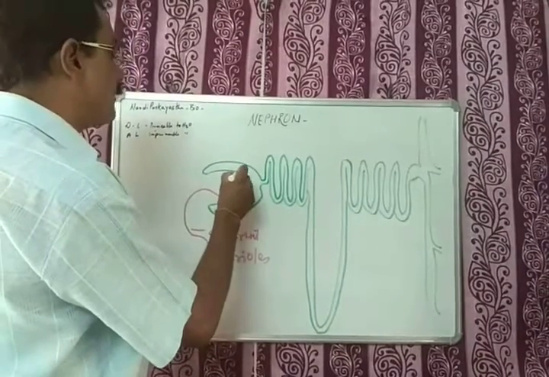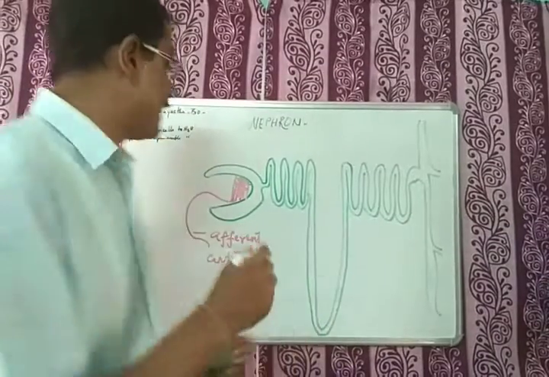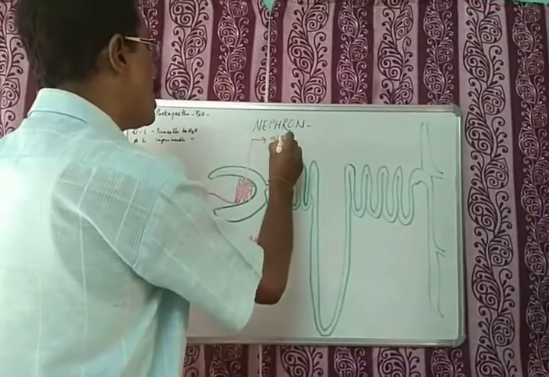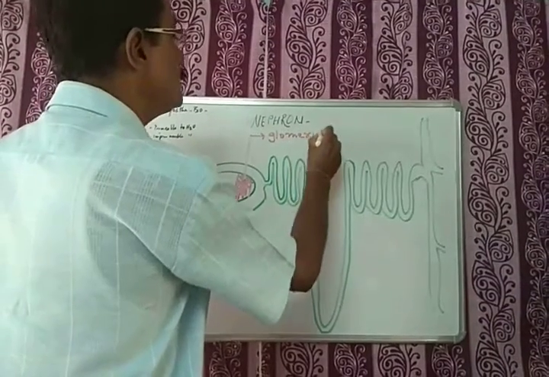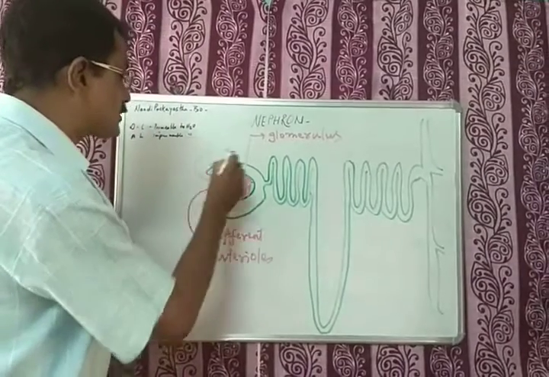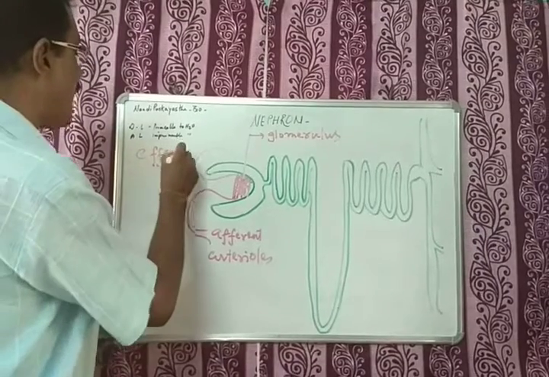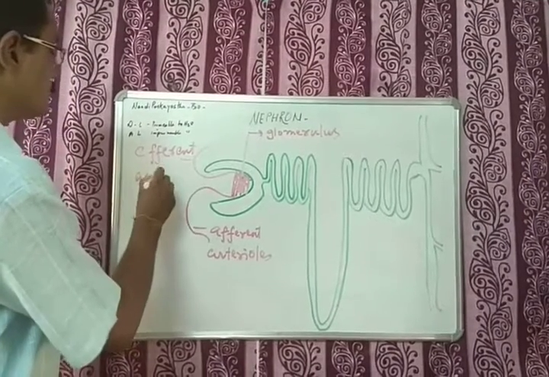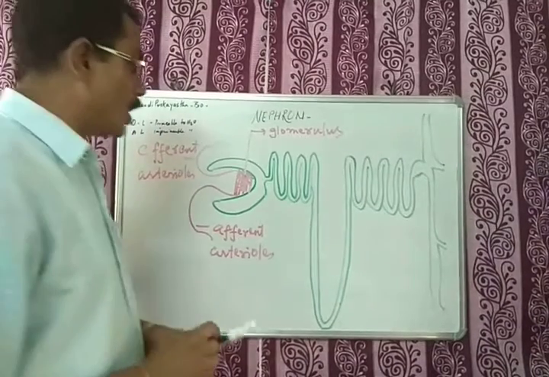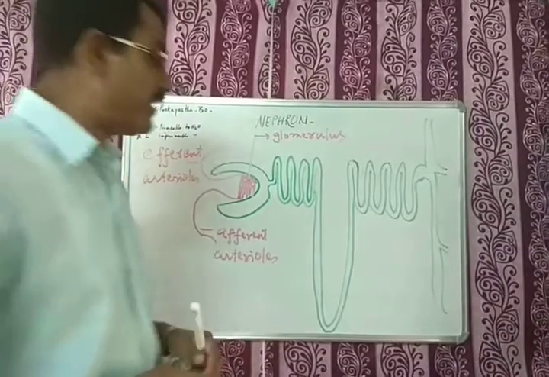Then it forms a network over here, a sieve-like structure that we have spoken about earlier, and that is called the glomerulus. Then it comes out again. This is called the efferent arteriole. So this is the afferent arteriole and this one is the efferent arteriole.